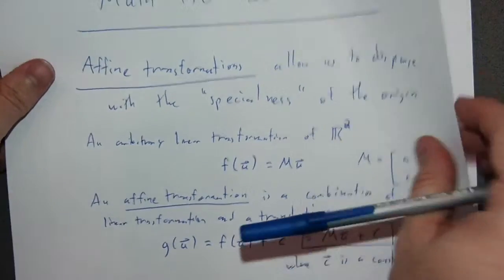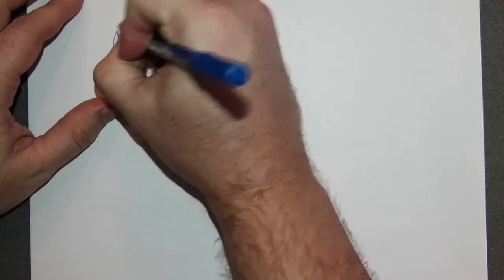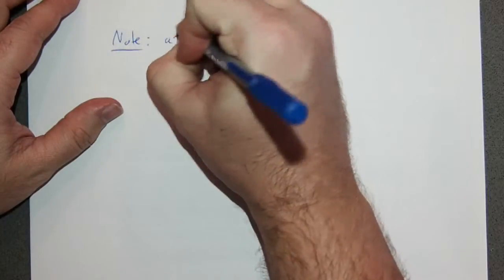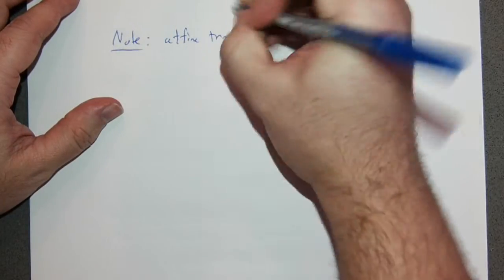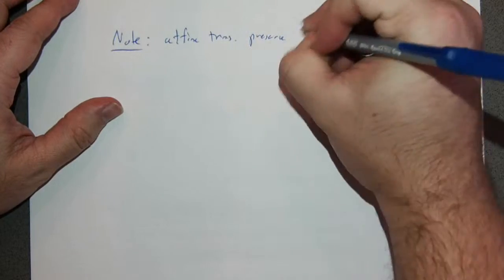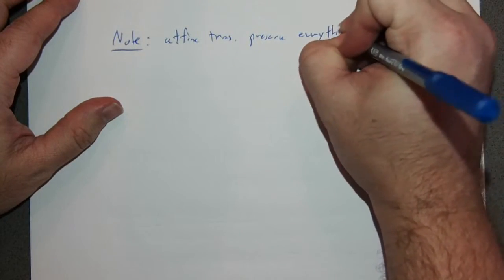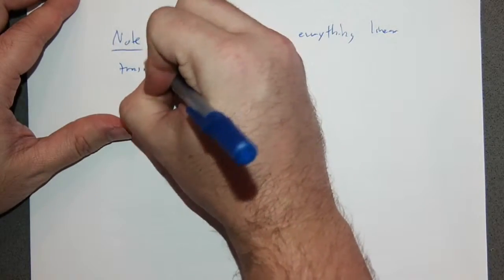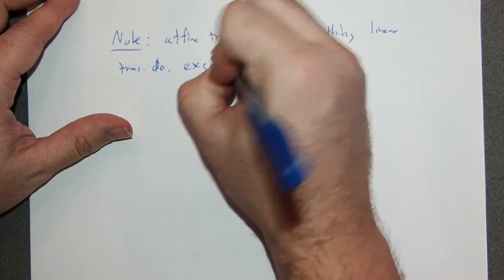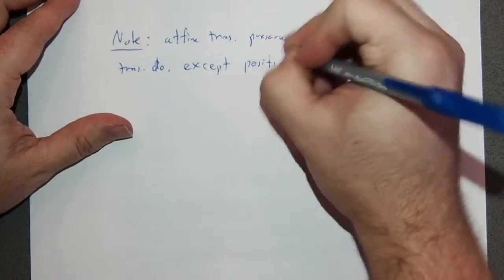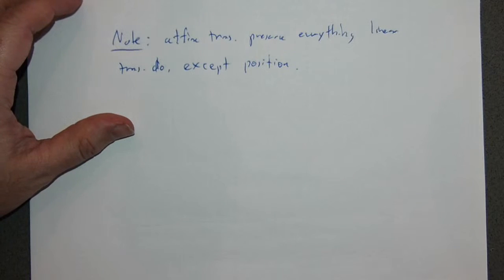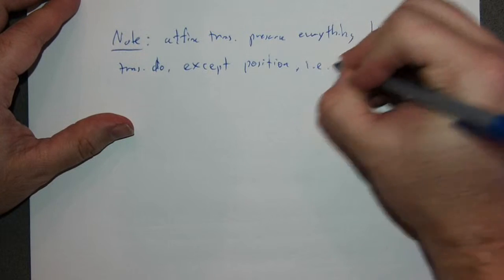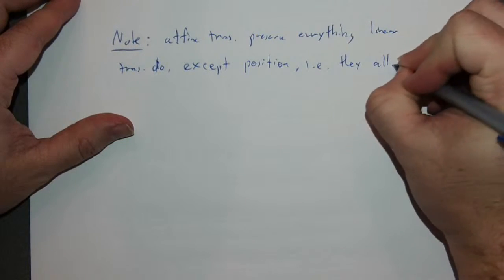So note, affine transformations preserve everything linear transformations do, except the origin. Or I should say except position, including the shifting of the origin. That is, they allow any point to become the origin.